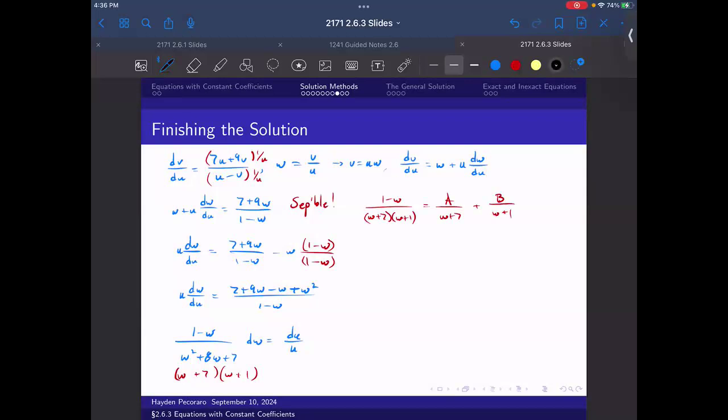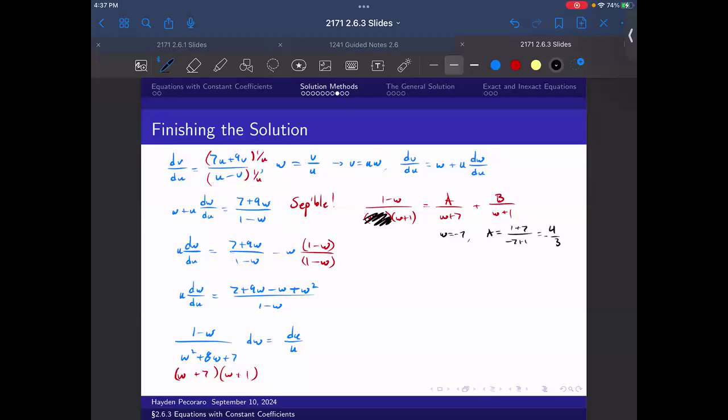And then we can do the cover-up method, make our lives a little easier here because both of the factors are linear, right? We don't have any irreducible quadratics. So this should be w equals minus 7. Cover that up, and we get a equals 1 plus 7 over minus 7 plus 1, which is minus 4 over 3.